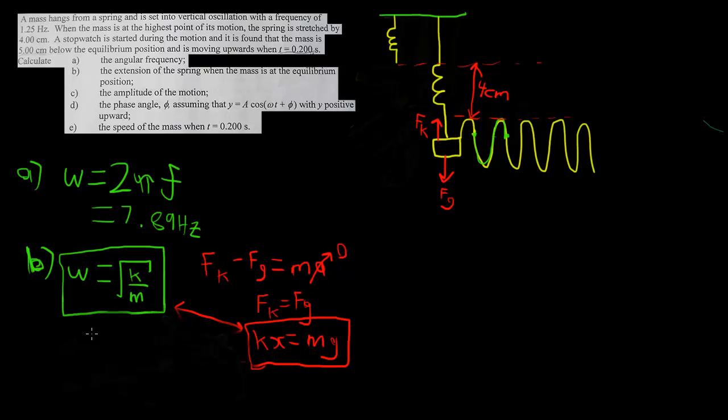That gives us x equals mg over k. You see we have an m over k here, but in the other equation we have a k over m. So let's rearrange our green equation now to help these two equations agree. We'll square both sides.